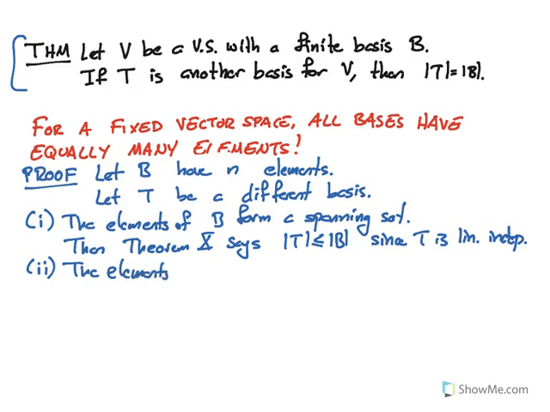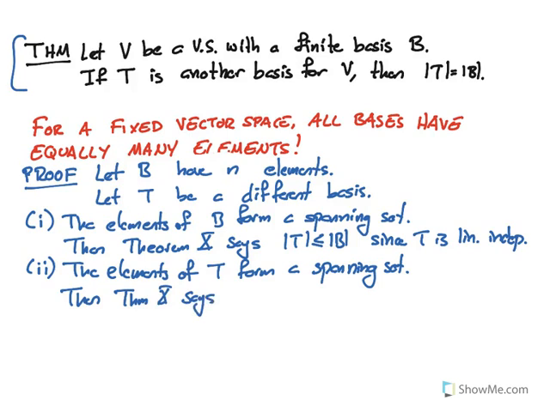The elements of T form a spanning set. And then theorem X says that the number of elements in B must be smaller than the number of elements in T, since B is linearly independent. Right, so this is very nice.